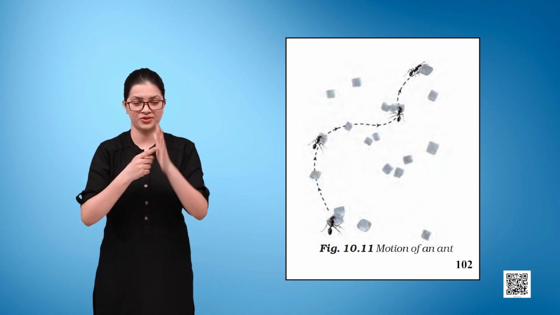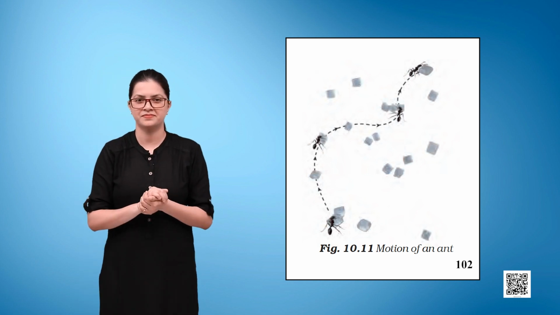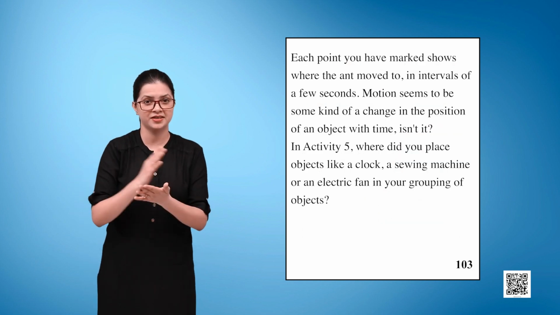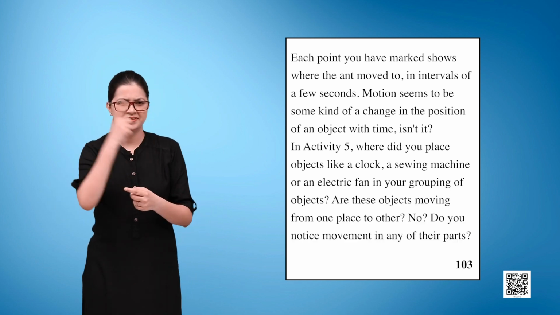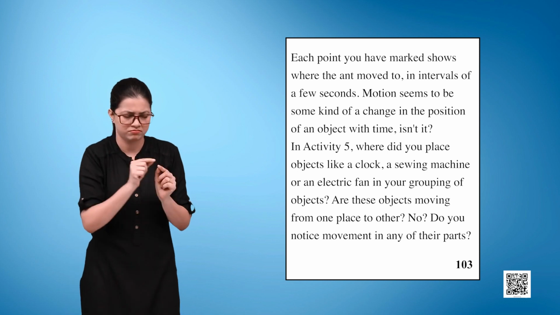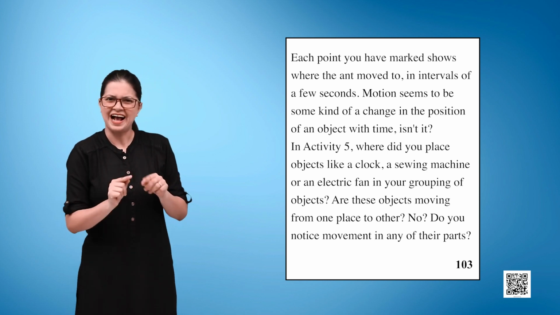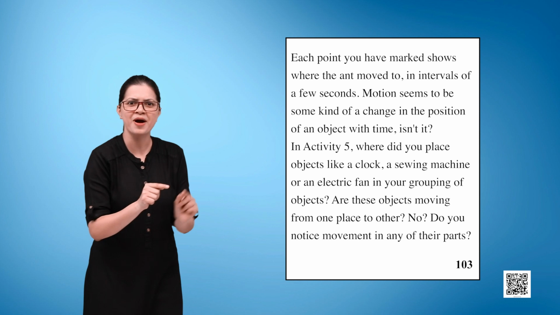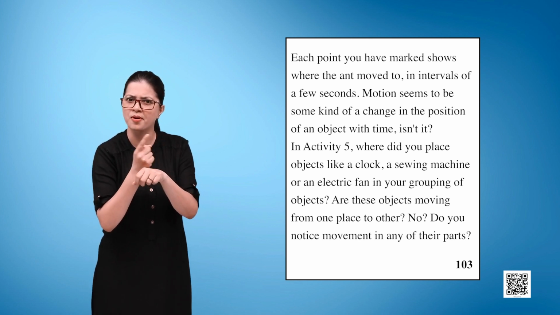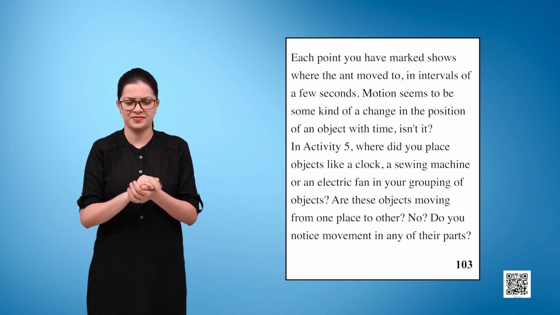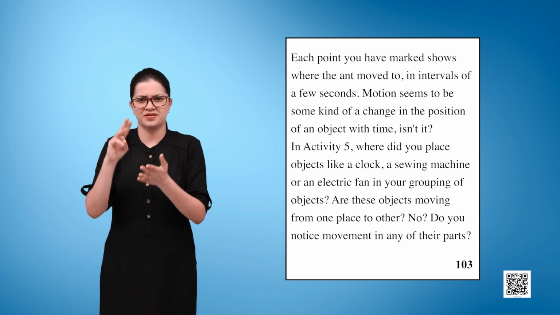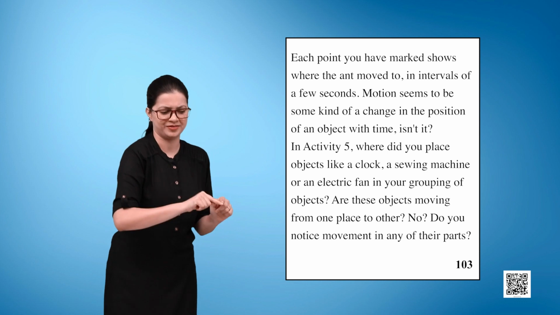Figure 10.11 shows motion of an ant. Page 103. Each point you have marked shows where the ant moved to in intervals of a few seconds. Motion seems to be some kind of a change in the position of an object with time.